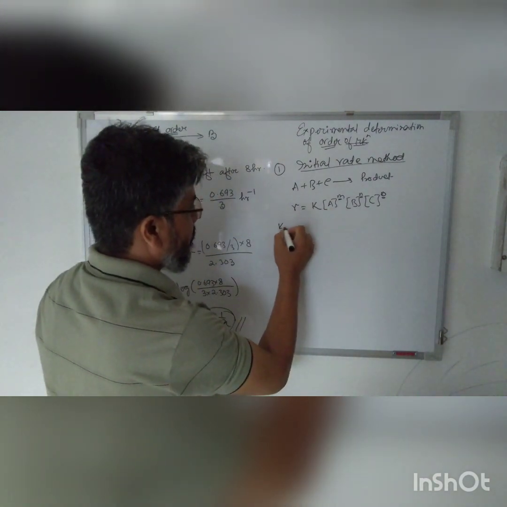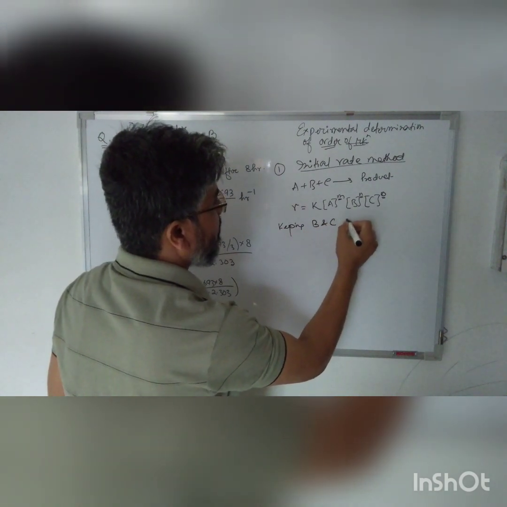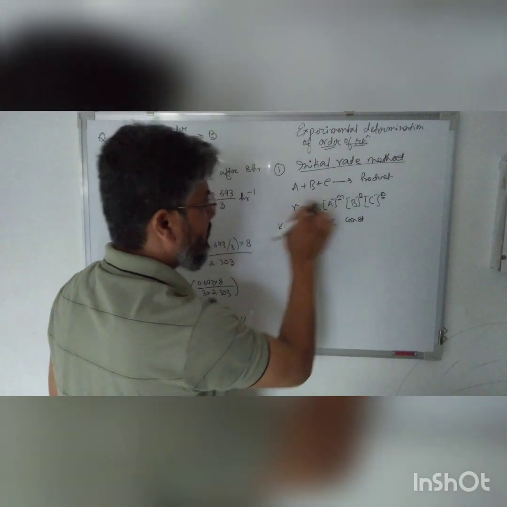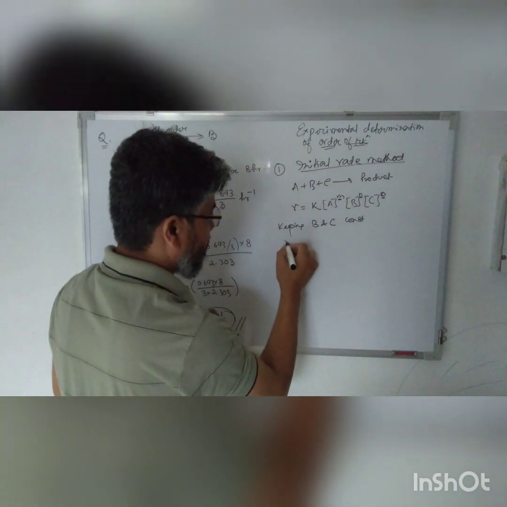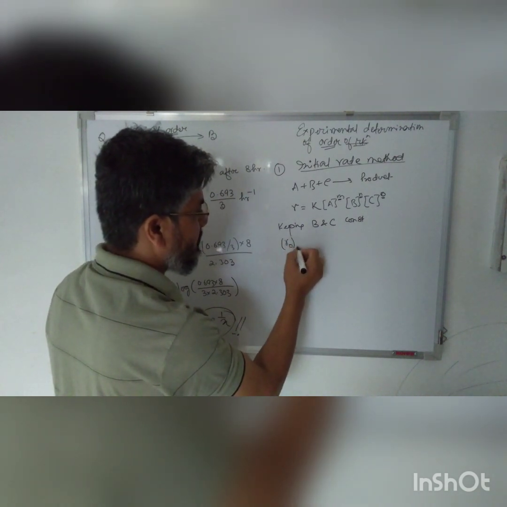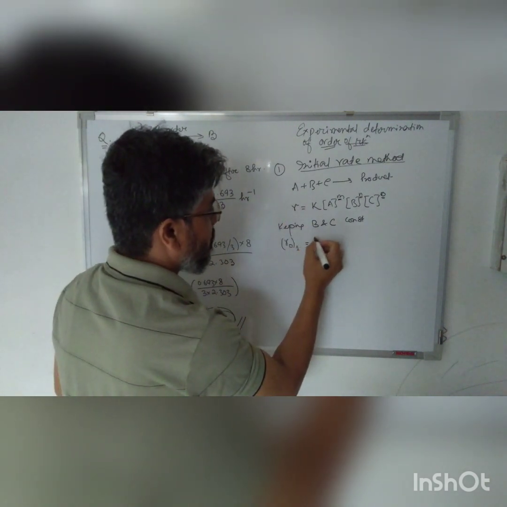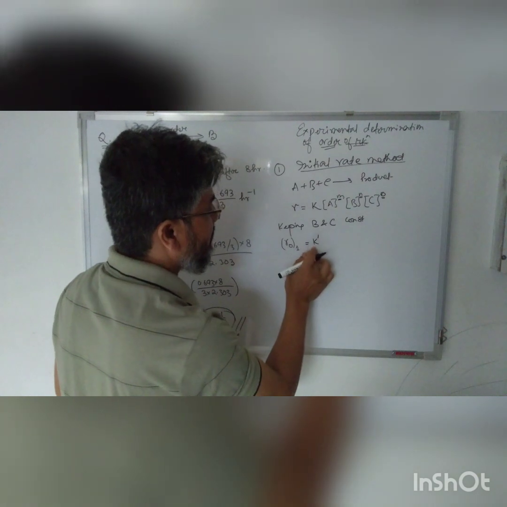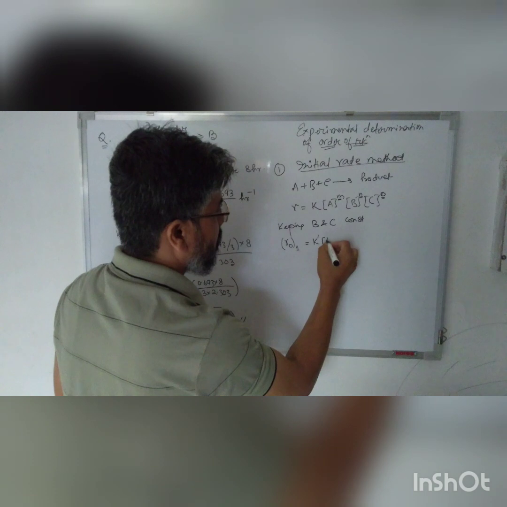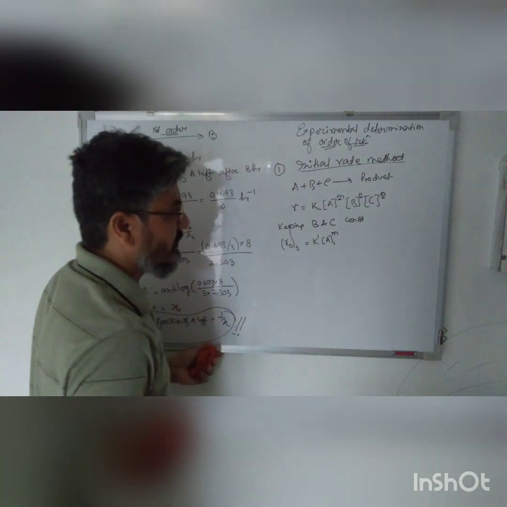So let's see, keeping B and C constant, we vary the concentration of A. So we take the first experimental setup, R naught 1, the first experiment's initial rate. This is equal to some K prime. K prime is K into the concentration of B and the concentration of C. So R naught 1 is K prime into A1 raised to the power m.